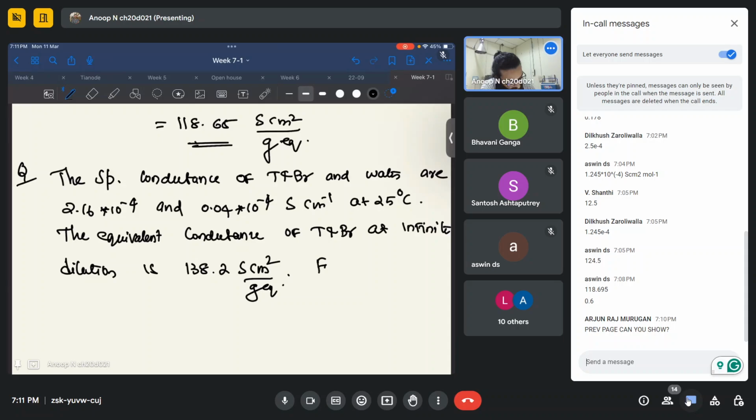Find out the solubility of TlBr at 25 degrees Celsius.